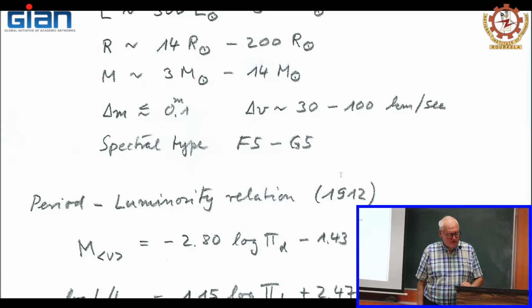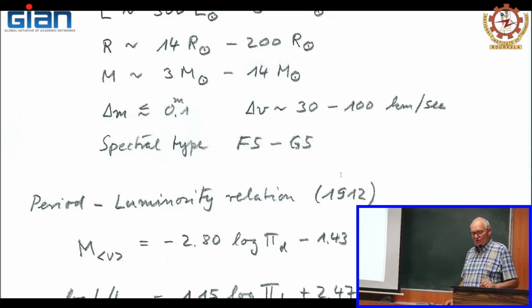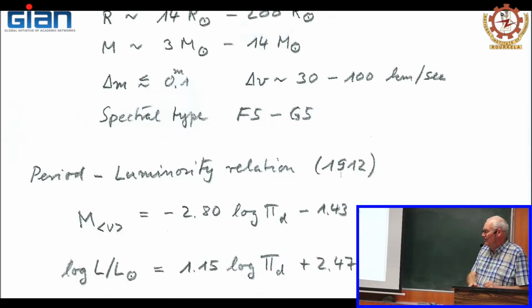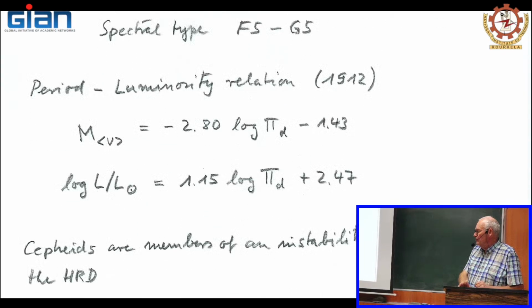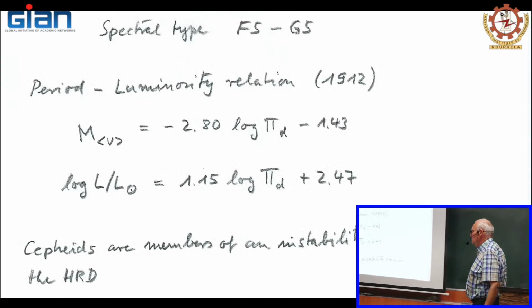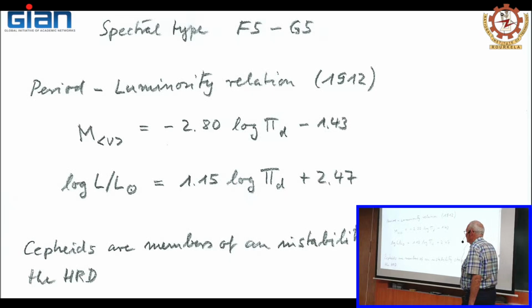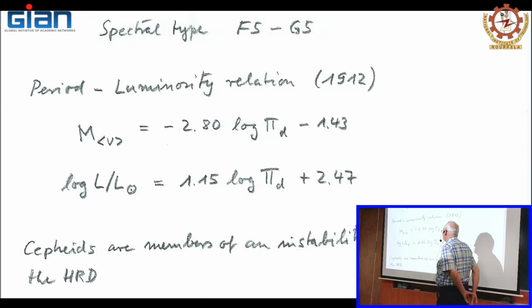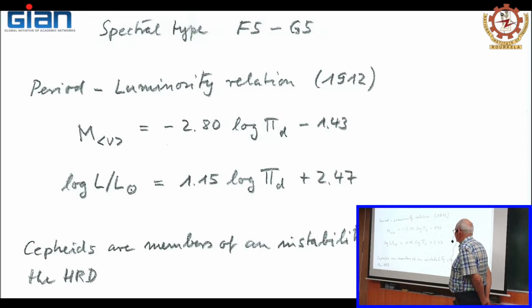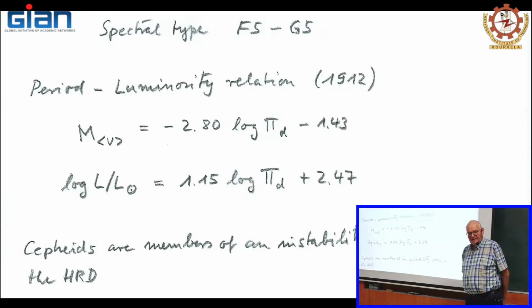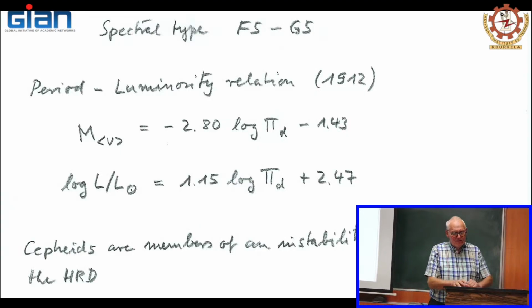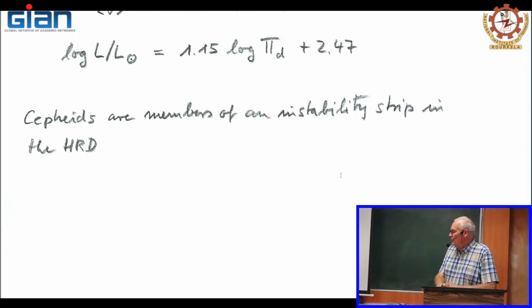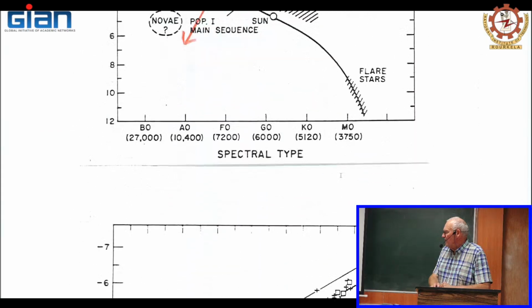Theoreticians like to express this relation in terms of the luminosity rather than the absolute visual magnitude, and in terms of the luminosity of the star it is given by: log luminosity in solar units is 1.15 times log the period in days plus 2.47. Well, let us have a look at how this period luminosity relation looks like.